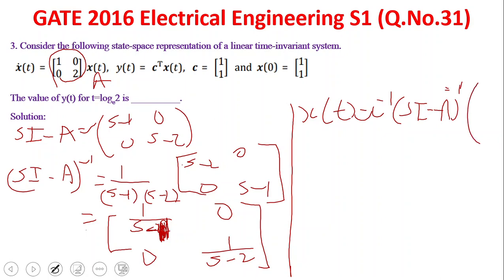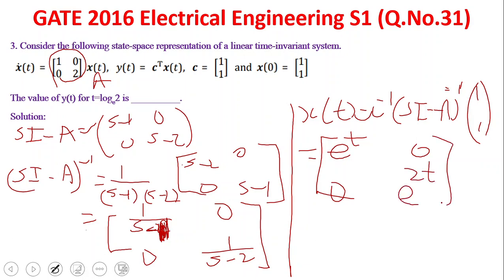What is X of 0? It is 1, 1. So the inverse Laplace transformation gives e power t, 0, 0, e power 2t, times 1, 1. Therefore, this is X of t.